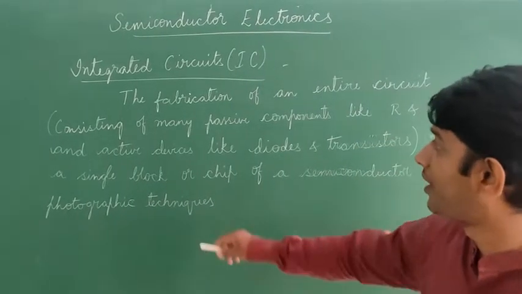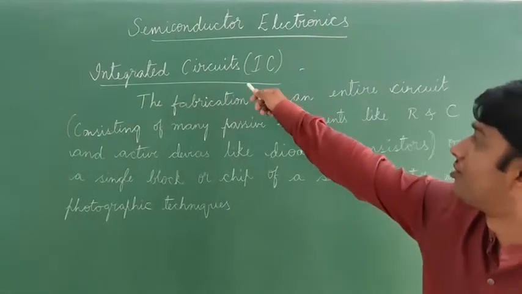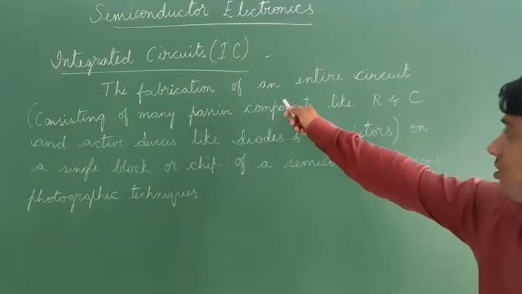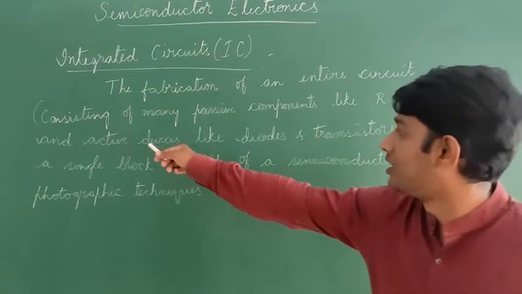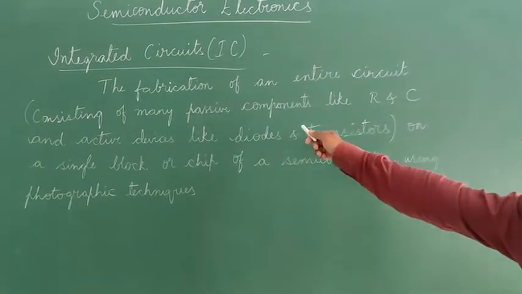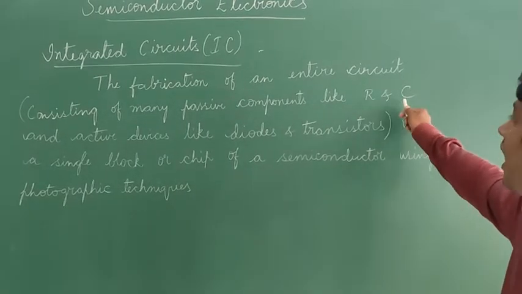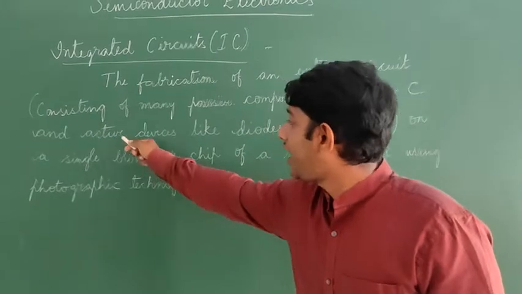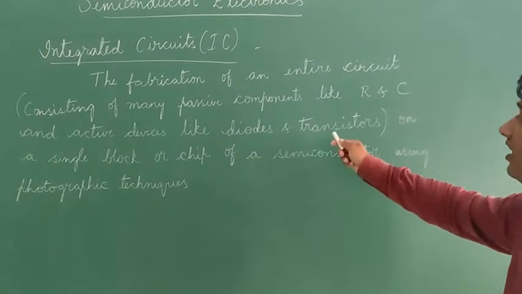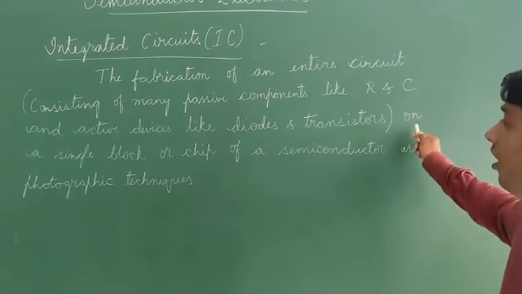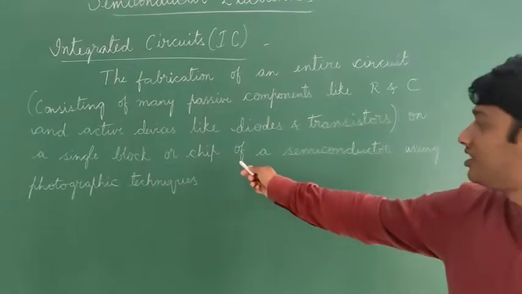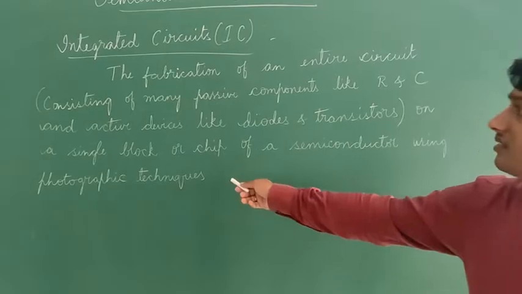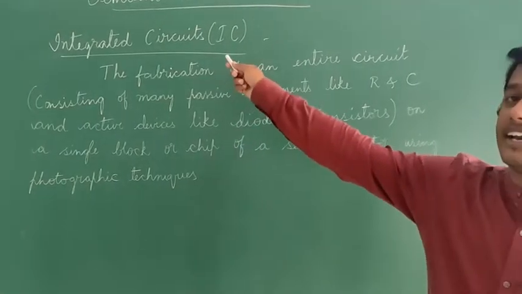The next topic is integrated circuits, which is called as IC. So the fabrication of an entire circuit consisting of many passive components like R and C, which is resistance and a capacitor, and active devices like diodes and transistors on a single block or chip of a semiconductor using photographic techniques is called as integrated circuits.